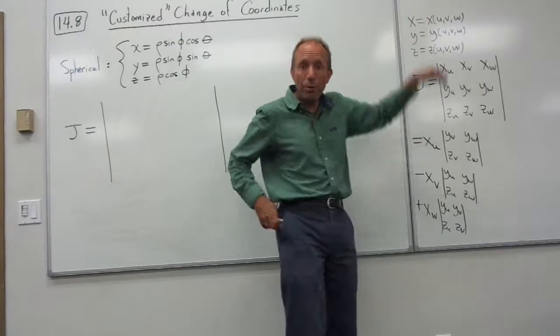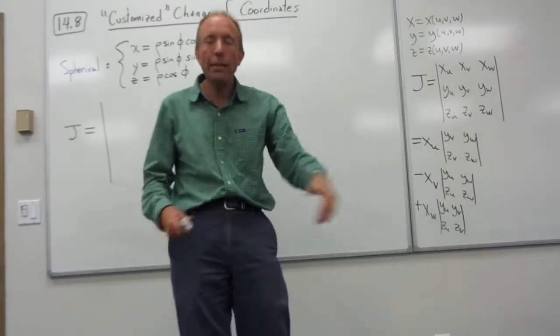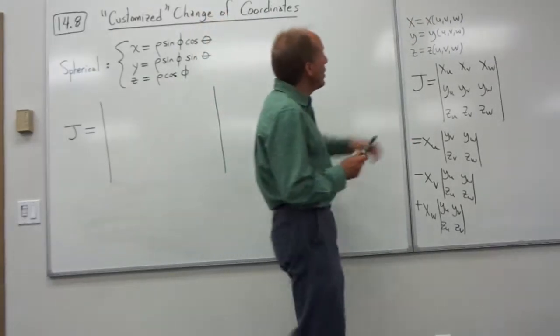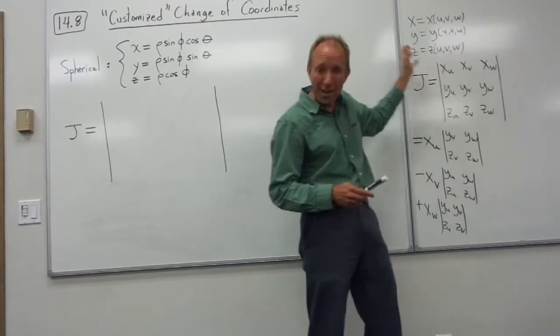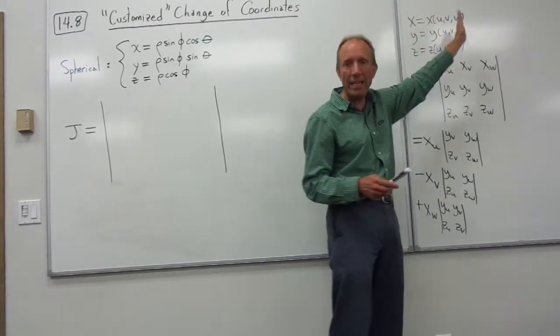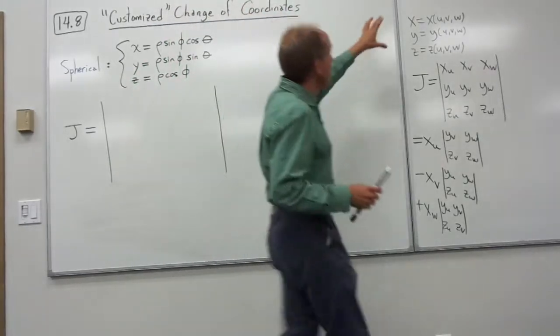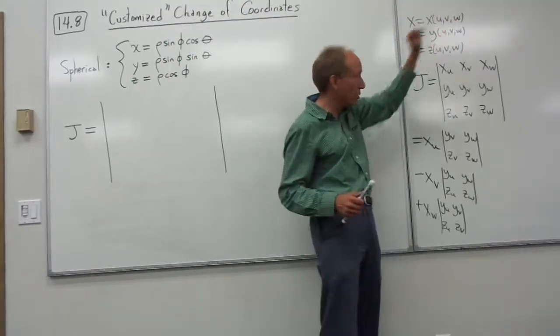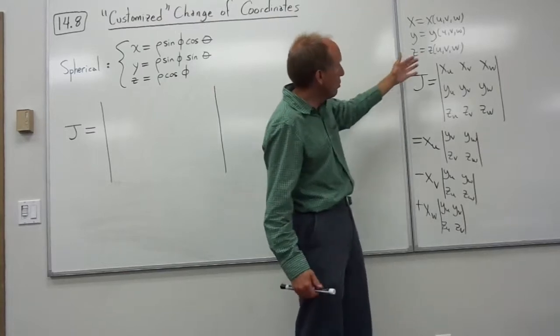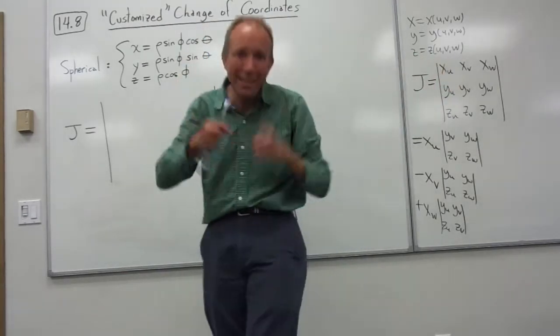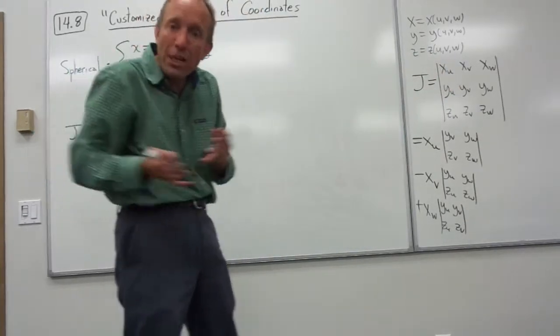Your old variables are going to be x, y, and z usually. And the new variables, in the generic context, we would call those u, v, and w. And we do need to write those old variables in terms of the new variables in order to be able to calculate this price that we have to pay for changing coordinates.